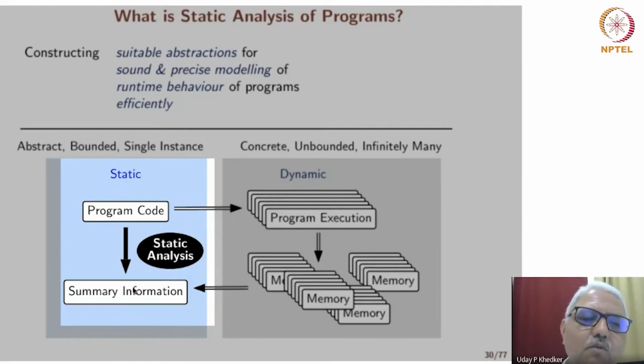The important observation here is that summary information for a program must be a function of the program. It cannot be not a function of a program. Therefore, static analysis tries to infer this function. Static analysis tries to say, give me a program and I'll give you the summary information. This is the purpose of static analysis.